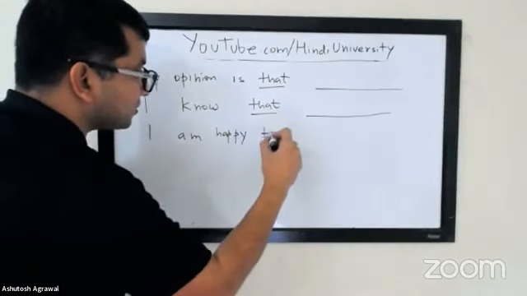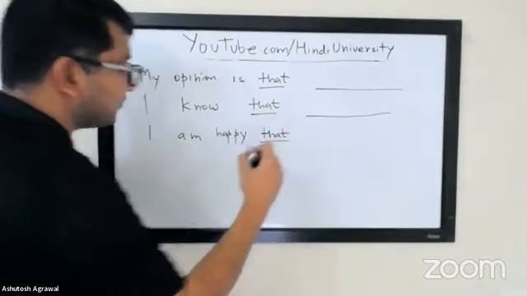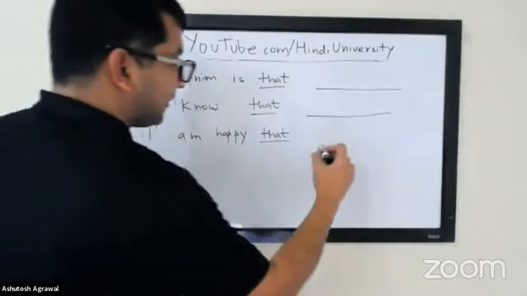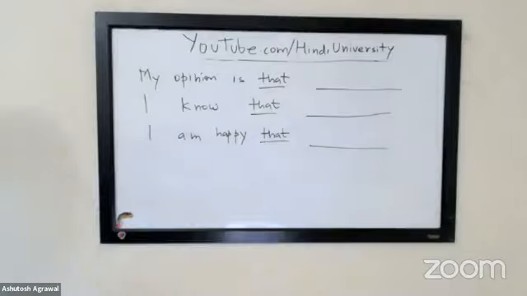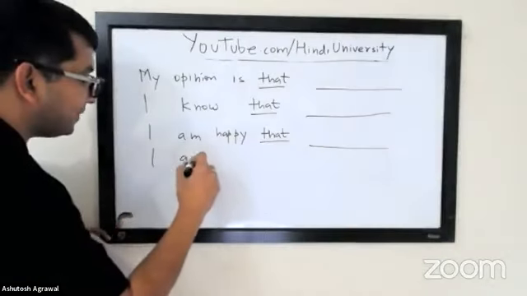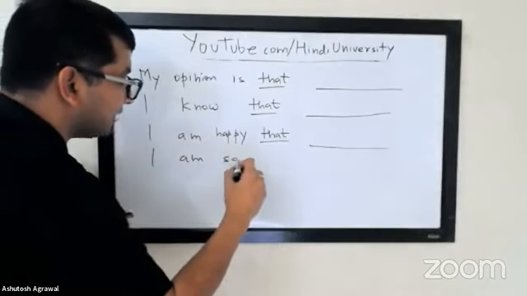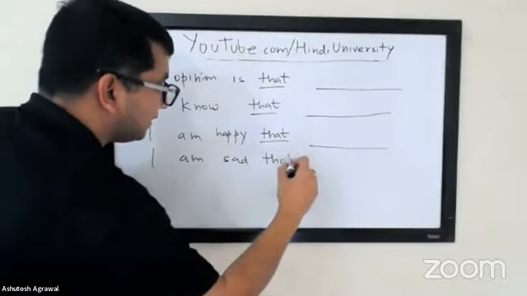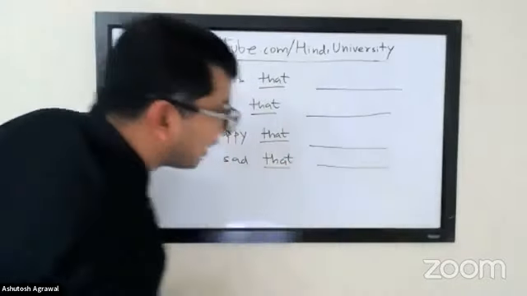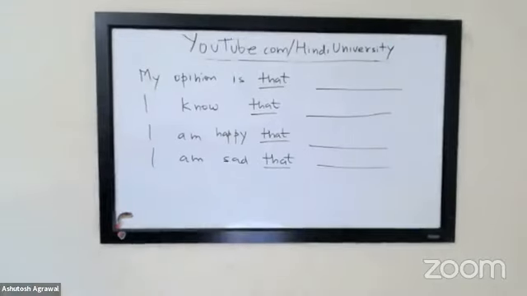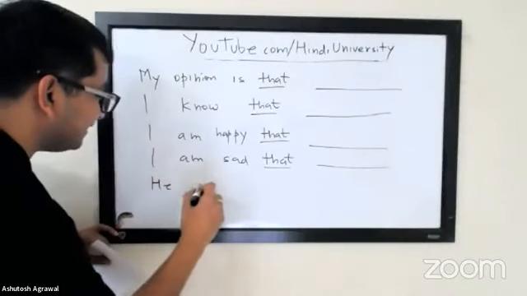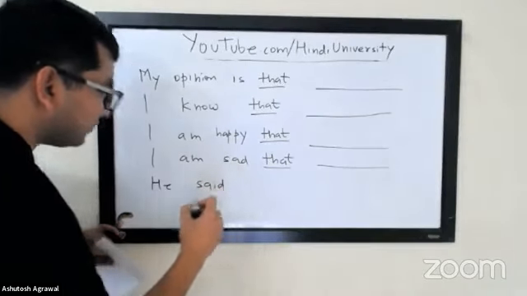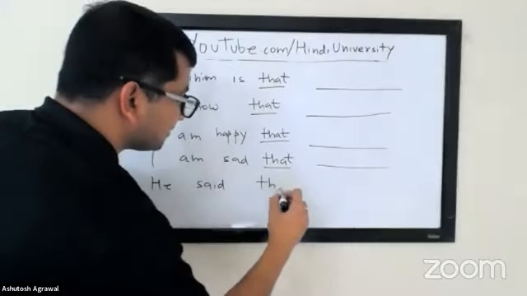Let's say you are supporting a particular team in football and you want to say, I'm happy that this team is doing very well. Or you are not happy, you want to say I'm sad that this team is out of the tournament. I'm going to try to use some FIFA examples because all of us are watching it, right? And similarly, very commonly, he said that, as in reported speech.